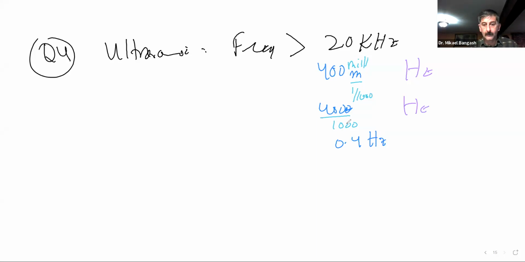Why? This 0 cuts this 0, this 0 cuts this 0, and now you are left with 4 divided by 10, which becomes 0.4. So forget about 20, forget about 2 hertz. You have a fraction of a hertz, which under no circumstances can be ultrasonic.